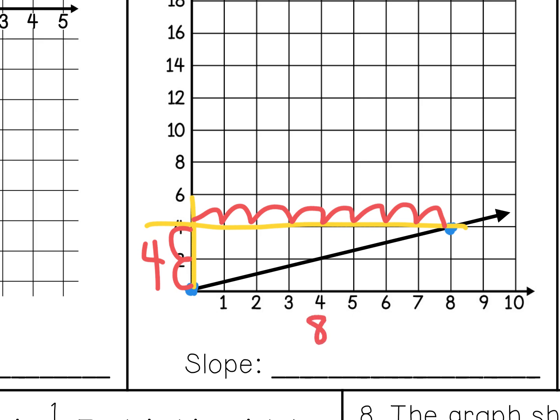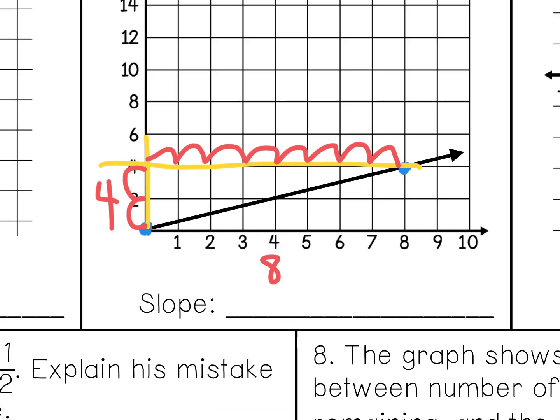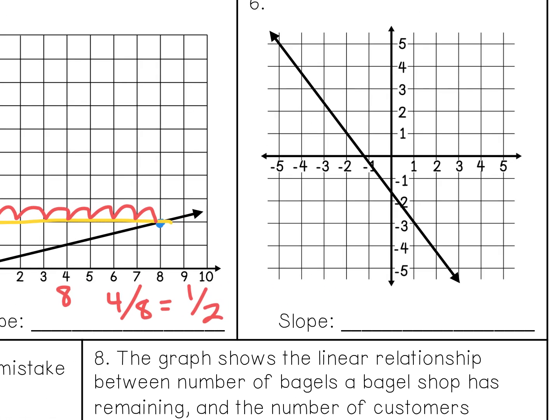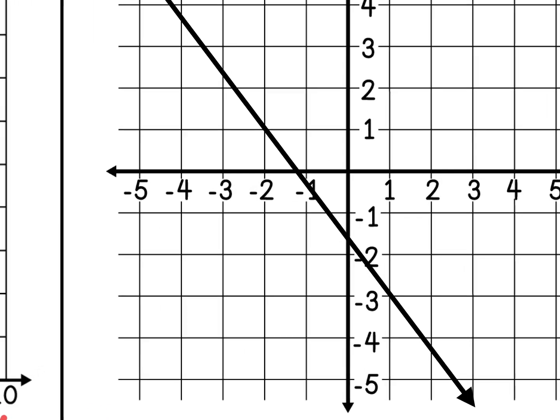And then rise over run says what? 4 over 8, which is the same thing as 1/2, or 2 over 4. Okay? So 2 over 4, 1/2, 4/8, 8/16. Anything that you get that's 1/2 would be equivalent. It's just a fancy word for the same, right?